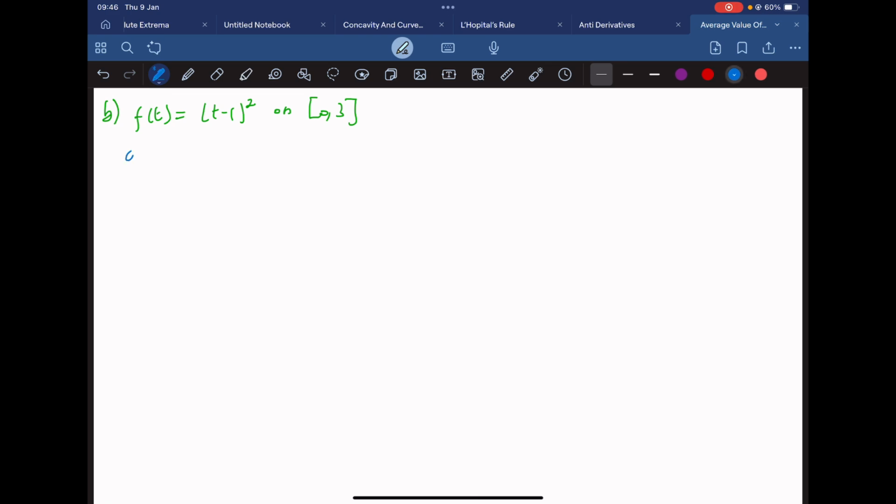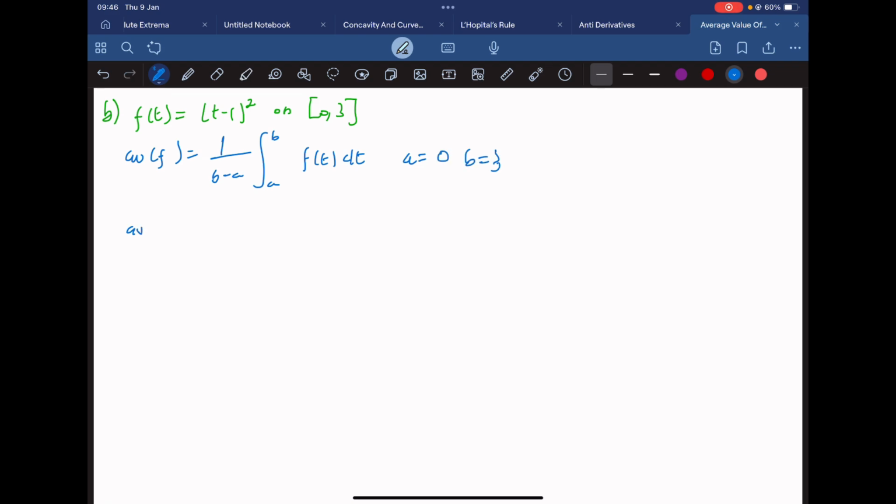The average value is given by 1 over b minus a, integral from a to b of f of t dt. In this case, our a is 0 and our b is 3.